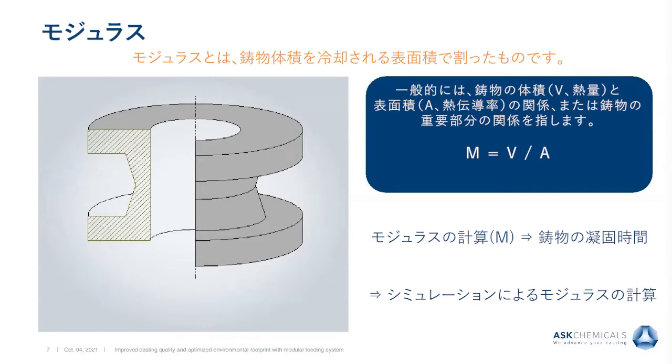You need this for the calculation of the risers. And we have three different types of risers: the natural risers, the exothermic risers, and, in between both of them, the insulating risers, which are used in foundry practice.